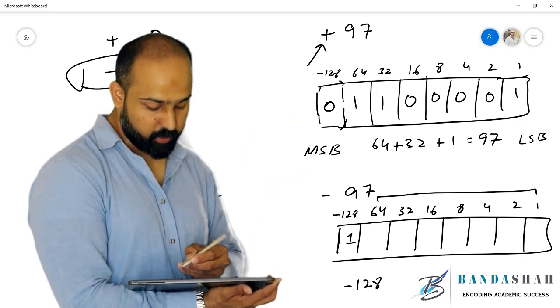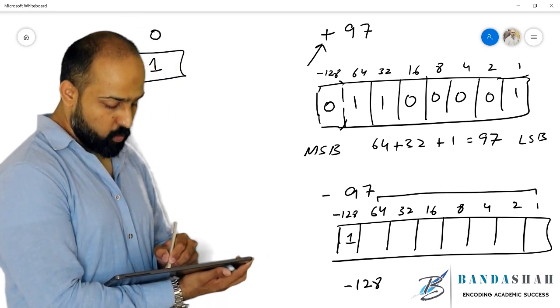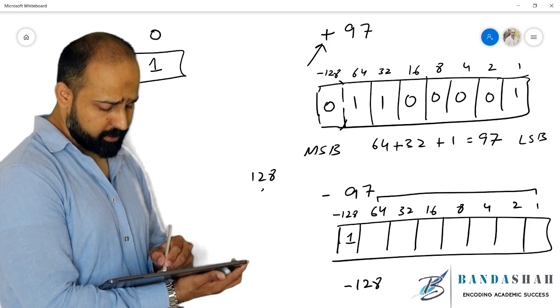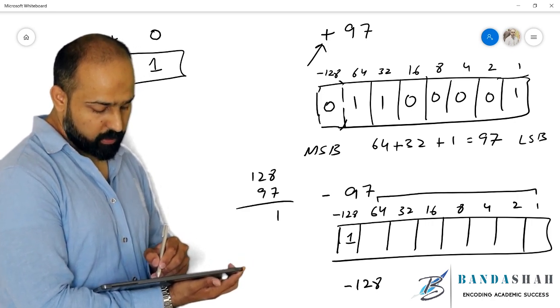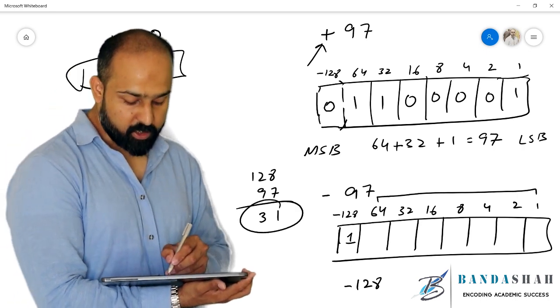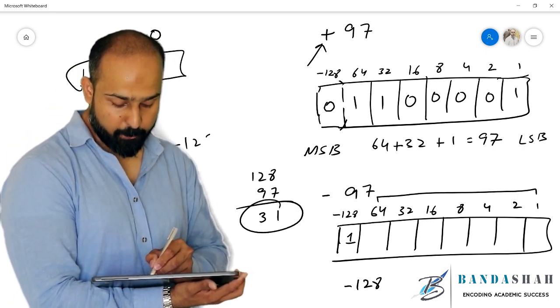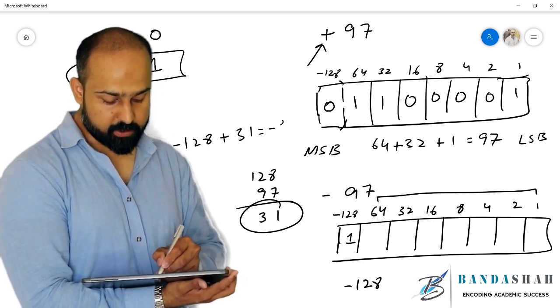You can do a little bit of homework like this: 128 minus 97 is 31. It means you have to add 31 to make it minus 97.